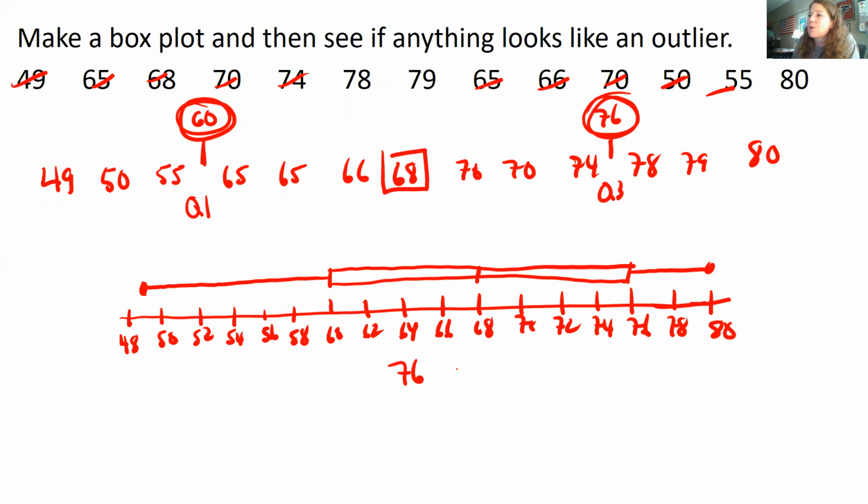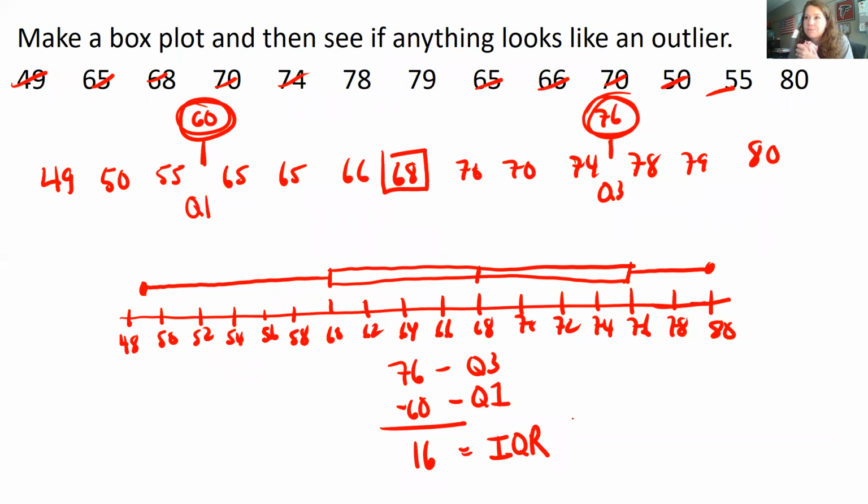So we have our upper quartile, or quartile 3, and from that we're going to subtract our lower quartile, also called quartile 1. And here we have 16 points. That is the interquartile range. So that's how far spread the middle 50% of our data is. That's why it's called the interquartile range.